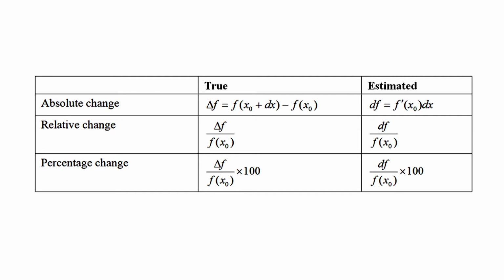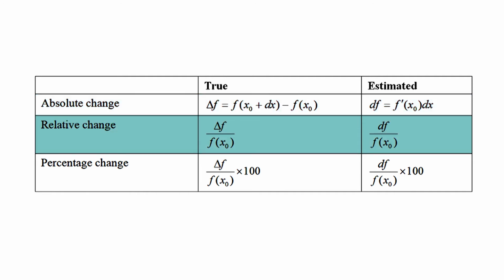Absolute, relative and percentage change. We now discuss absolute change, relative change and percentage change in f as we move from x naught to a nearby point x naught plus dx. True value of absolute change in f is delta f is equal to f of x naught plus dx minus f of x naught, and estimated value of absolute change in f is df is equal to f prime of x naught times dx.